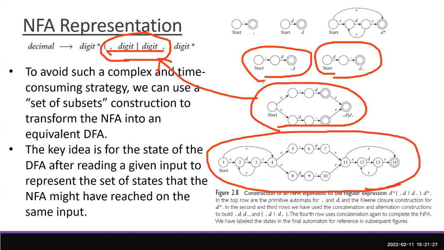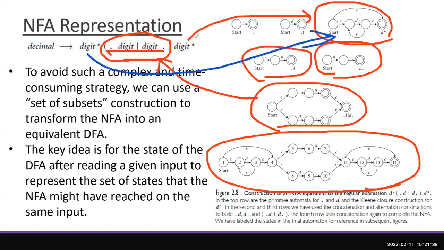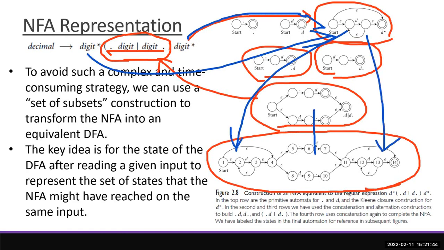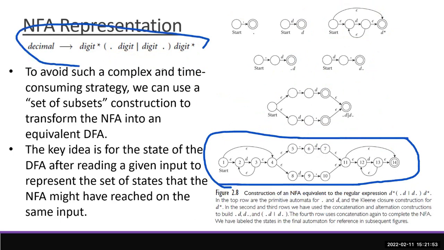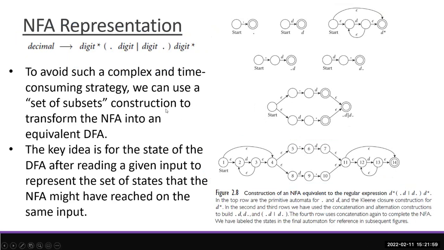Then D with star will be like this. So we put this one here and this part here, and we get the rule for this. Anyway, the end product for the NFA for this rule will be like this. That's a quick and mechanical conversion of your regular grammar to the NFA.